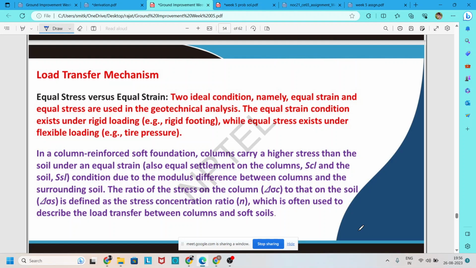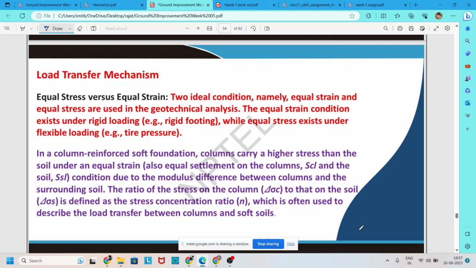Equal stress is applied for flexible footing, a flexible type of nature, and equal strain is applied for rigid footing or rigid type of nature. So two ideal conditions are used in geotechnical analysis. The example of rigid loading is rigid footing, and flexible loading is tire pressure, or flexible footing like pavement or bituminous pavement.